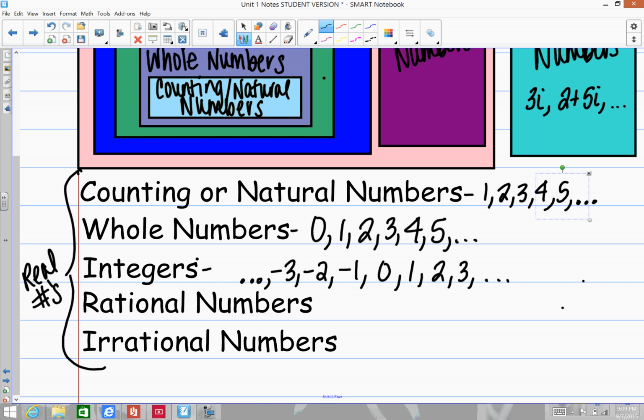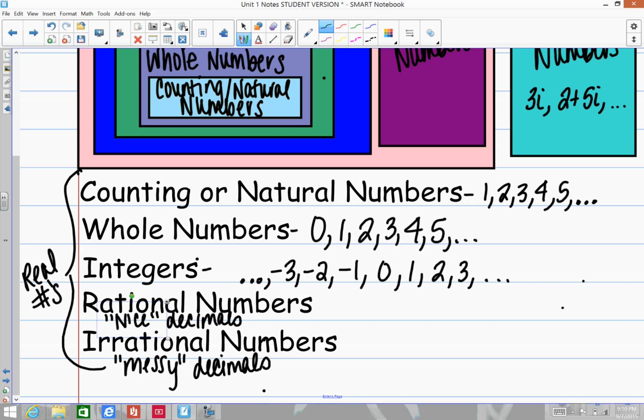And then rational numbers. These are the nice numbers. So I'm going to write nice decimals underneath. It's not really mathematical, but it gives you a good idea. So nice decimals, as opposed to our messy decimals for irrational. So whenever you have a fraction, you can always turn it into a decimal and see that, okay, it's a nice decimal.